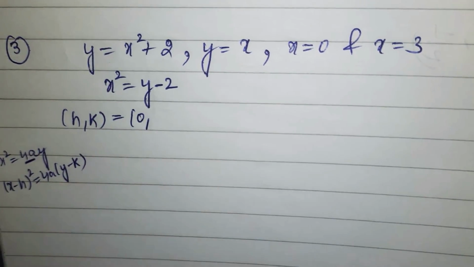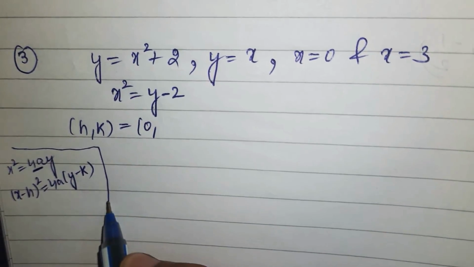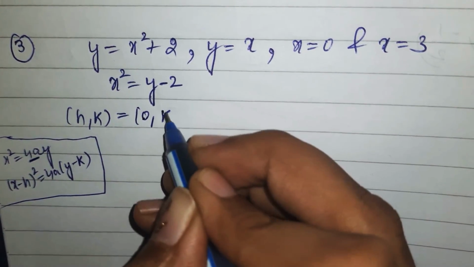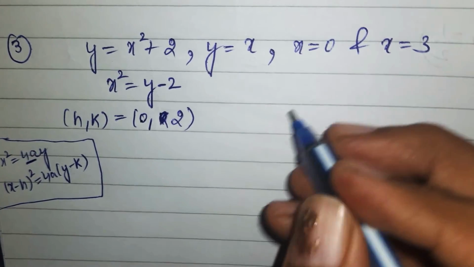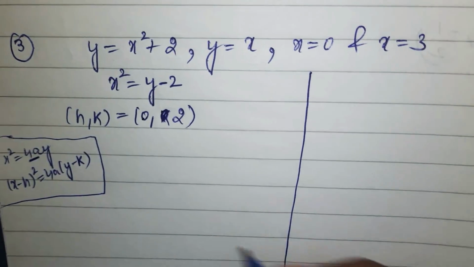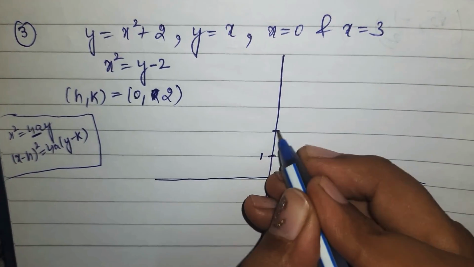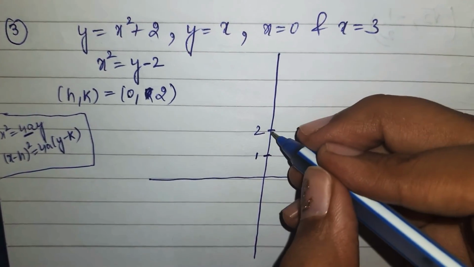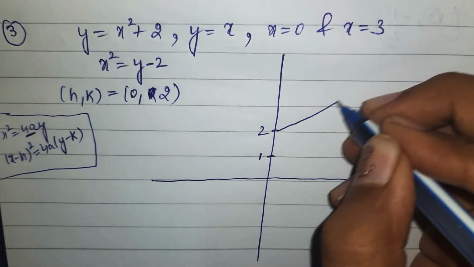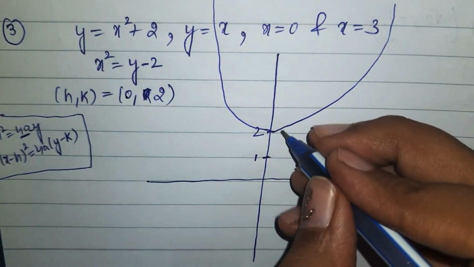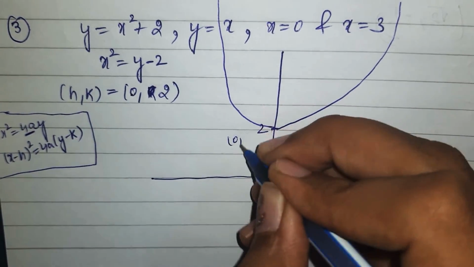So h is 0, k is 2. Whenever I am making the diagram, this is your 1, this is your 2. So the vertex will be 0 comma 2.